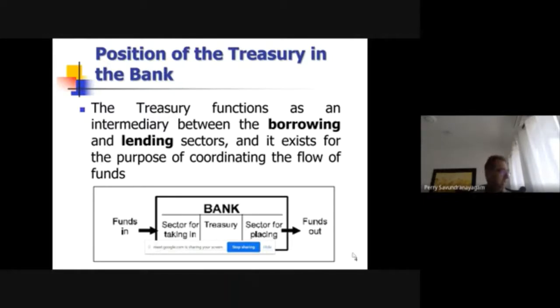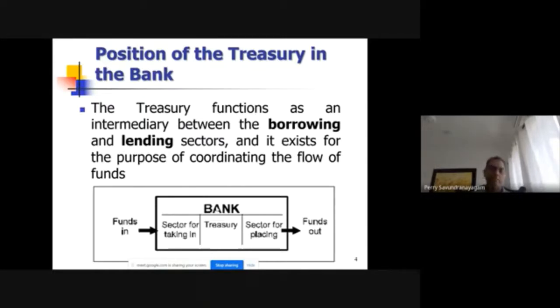But technically, the treasury function in the bank sits in the middle of all the business lines. It's a product provider and risk management function that sits in the middle of the rest of the bank's functions.